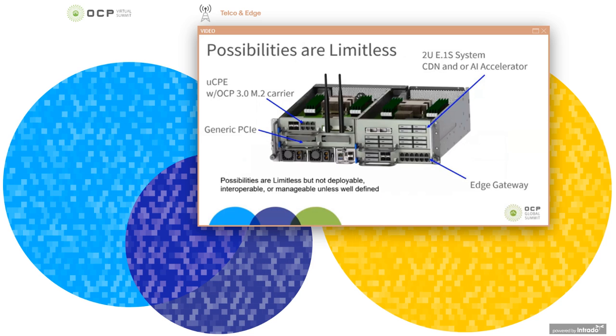So when we look at the sleds, what are we talking about? Really, as the title of the slide says, the possibilities are limitless. There's many things that can be offered up in this type of environment that can essentially evolve the capabilities, where some limitations may exist due to form factor and things of that nature.